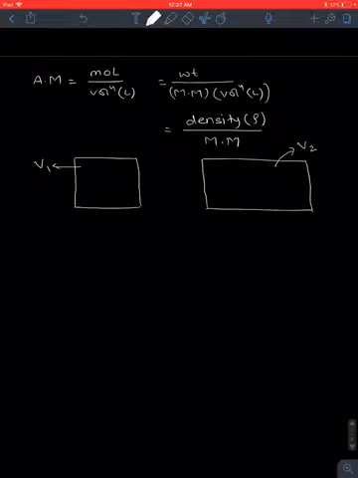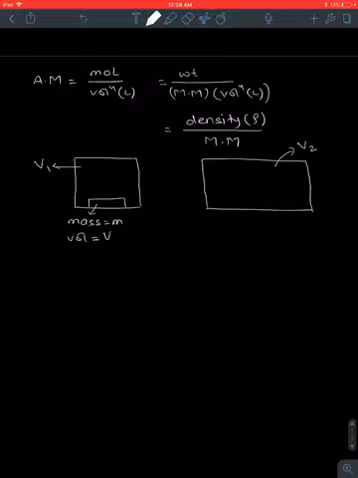Now we take a solid block in this, whose mass I'm assuming as m, and the volume occupied by this solid block is V.